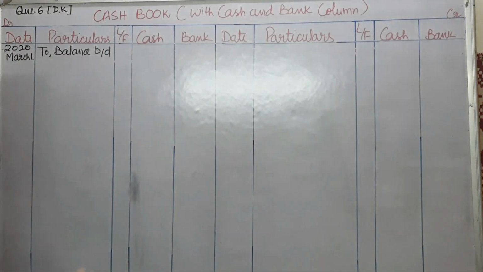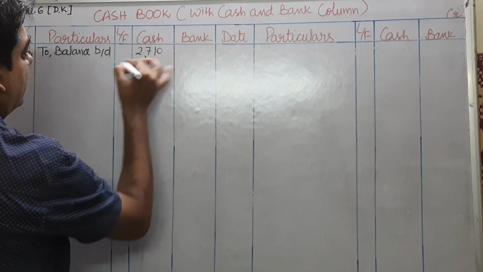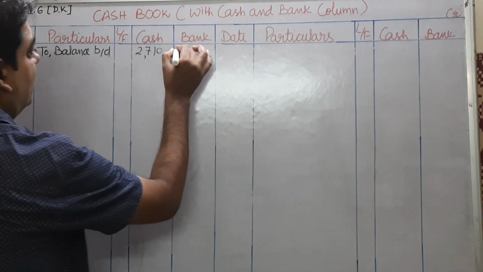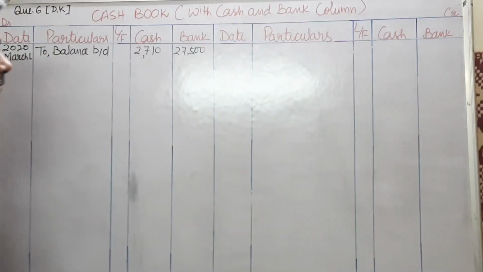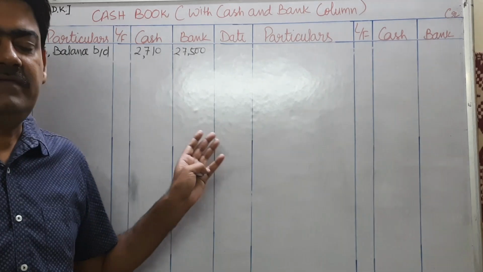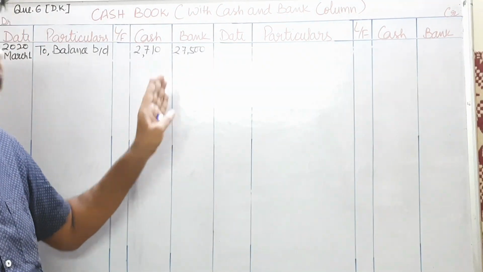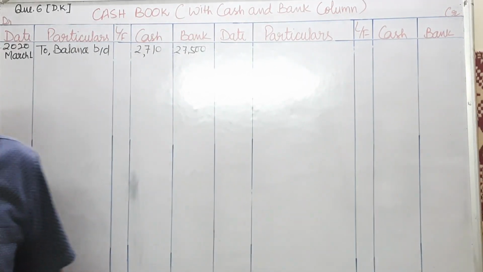So the cash balance, that is 2,710, will come in the cash column, and the bank balance, that is 27,500, will come in the bank column. Okay. So if the opening balance of cash and bank is given to you, that means this is a debit balance of bank and you will write this balance in the debit side.